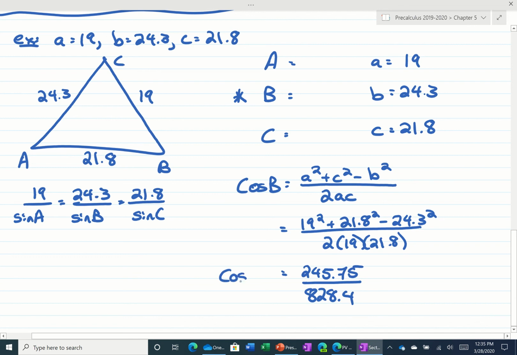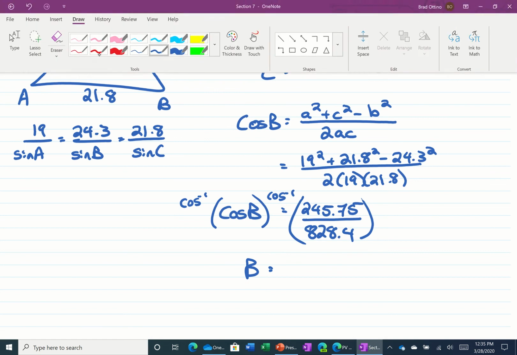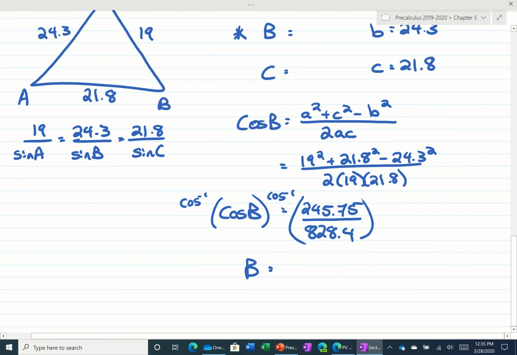And that's the cosine of angle B. So if I want to get B by itself, I have to take the inverse cosine of both sides. So I'm going to type in the inverse cosine of 245.75 divided by 828.4, and my calculator's telling me that angle B is 72.7.